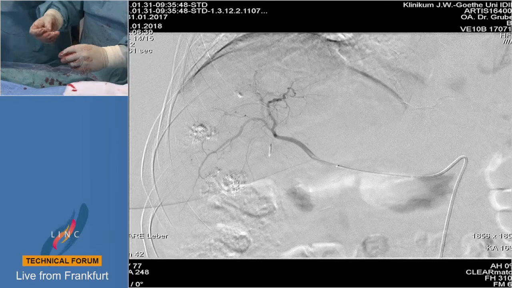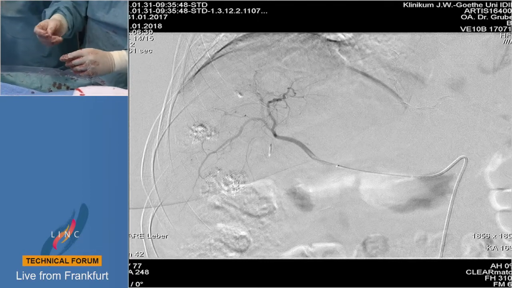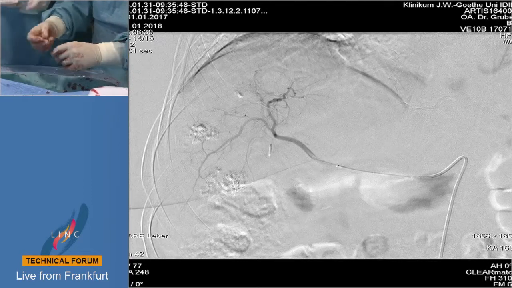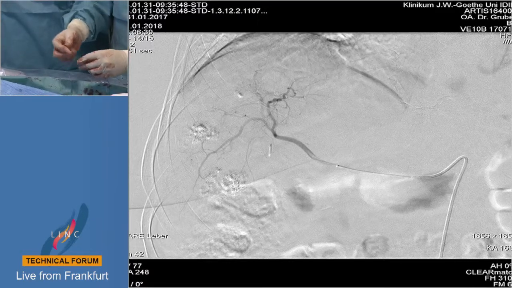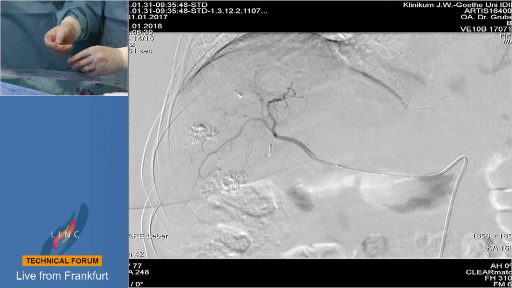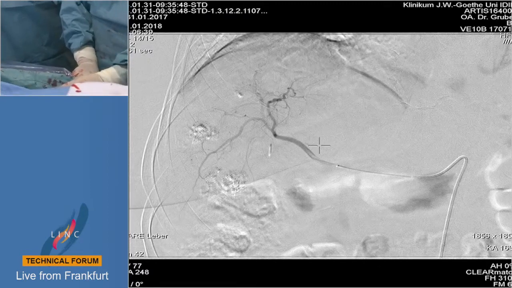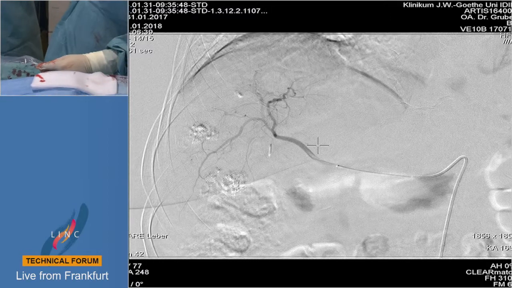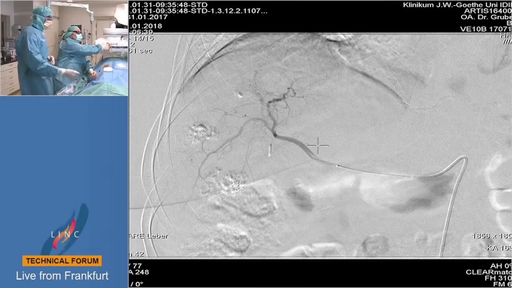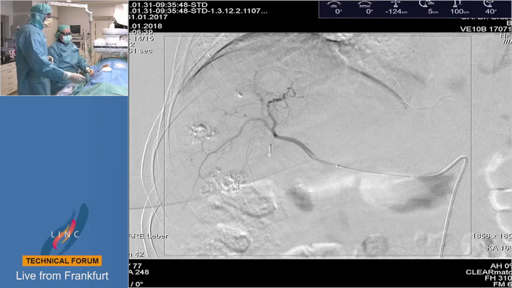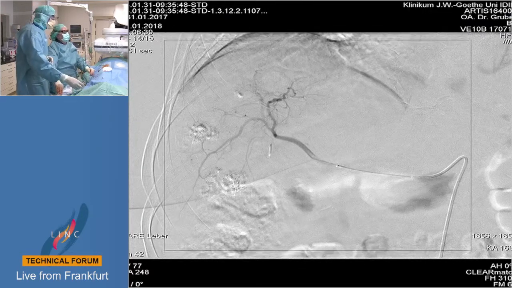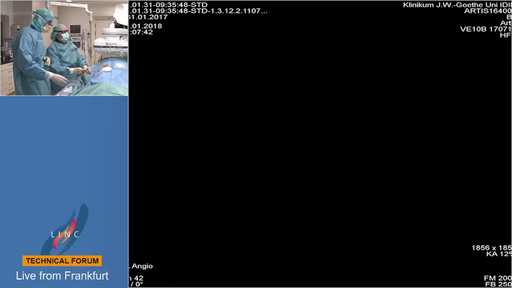But now we have it for the second treatment, and you see nicely that the Lipiodol is still there, so we have a good visualization. Also, there had been small satellites in segment 7. So you rely on the combination of the MR showing hypervascularized lesions and the angio where you see the Lipiodol in place.